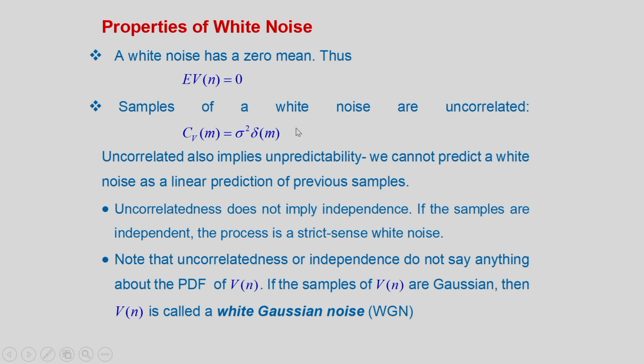Why? Because since mean is 0, CVM will be equal to RVM, that is the covariance function is same as autocorrelation function. This is equal to RVM because it is 0 mean.